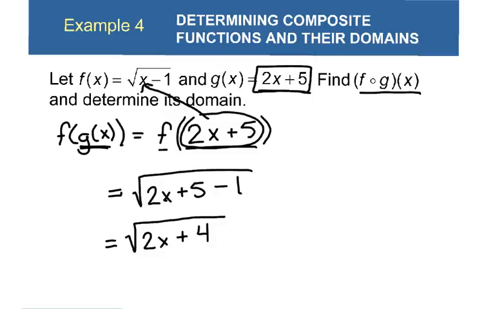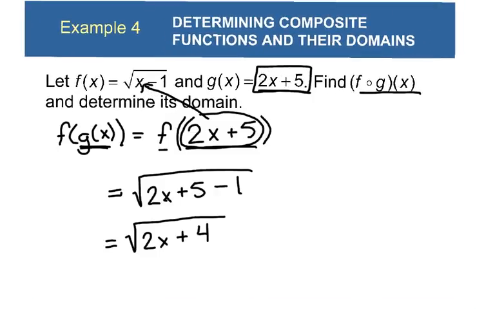That's as much as you can simplify this at this point. Now we need to determine the domain of this new function that we have come up with. F of g of x is now this right here, the square root of 2x plus 4.